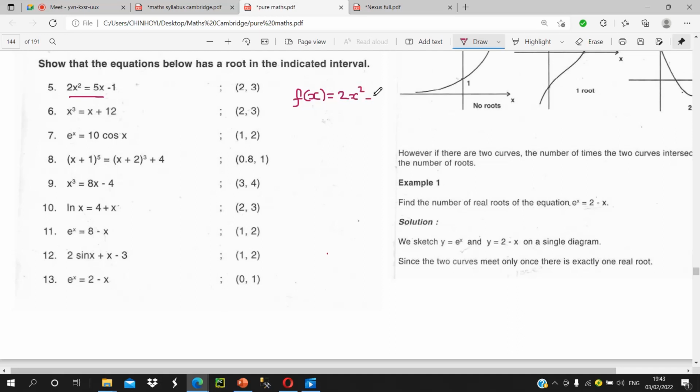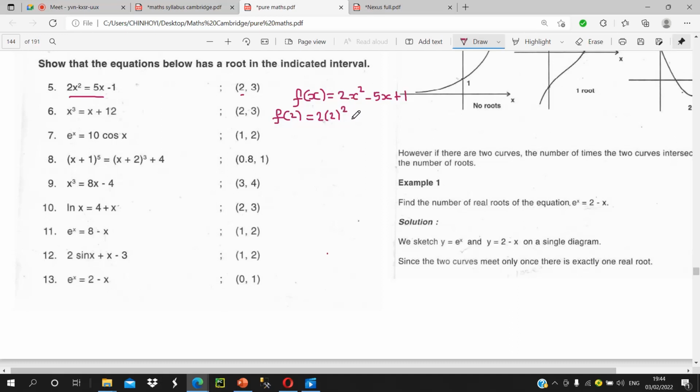minus 5x, then plus 1. Then we are required to show that there's a root between 2 and 3. So your next step, you are going to substitute f of 2. We need to see your substitution, so it's 2 times 2 squared.